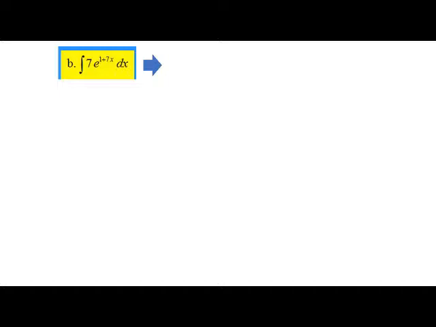Part B here, when we integrate 7 e to the power 1 plus 7x dx, first we have to assume 1 plus 7x here as our f x. When we differentiate 1 plus 7x, we're going to have 7. So in this case, when we apply the previous rules, it is equal to e to the power f x. So f x here is 1 plus 7x, plus c.